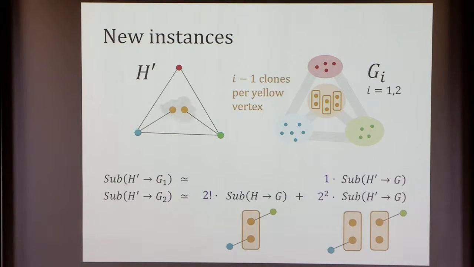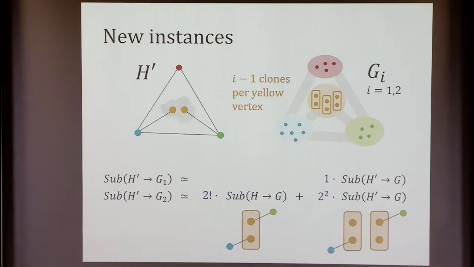Or the other thing that can happen is that these two yellow vertices hit two different blocks, and then you end up with a copy of H prime in G, and each copy of H prime in G can be extended in four ways to a copy of H prime in G2, because at each block you have two choices, and these choices are independent.